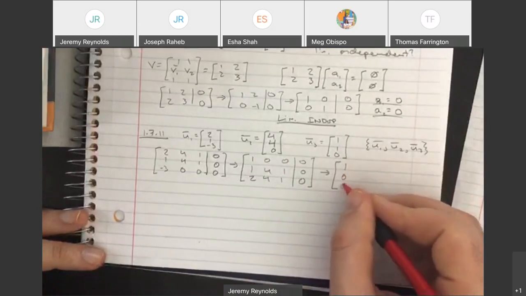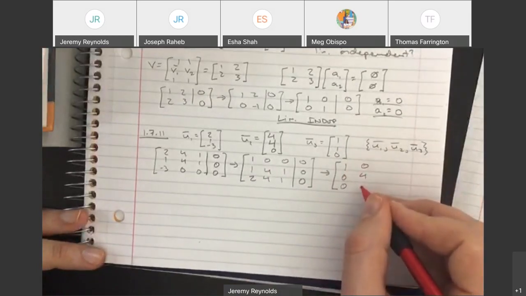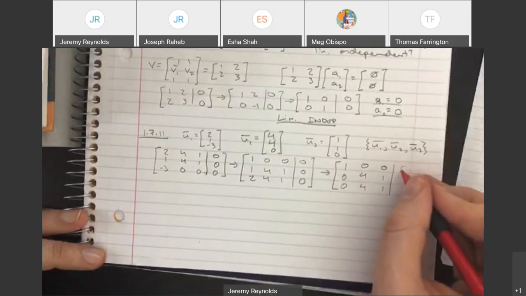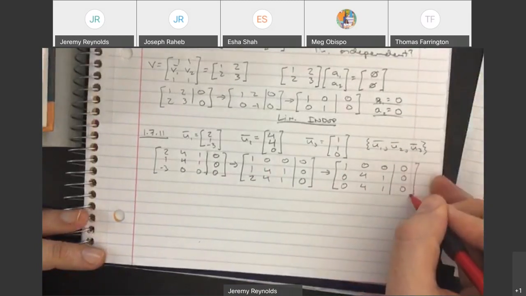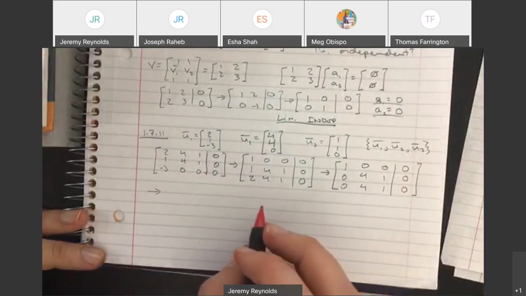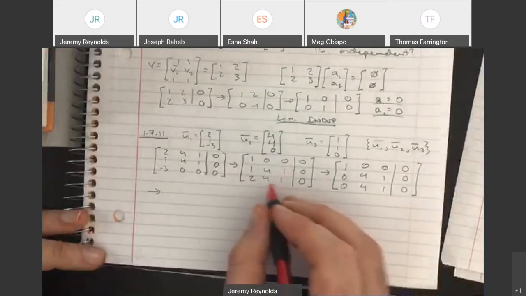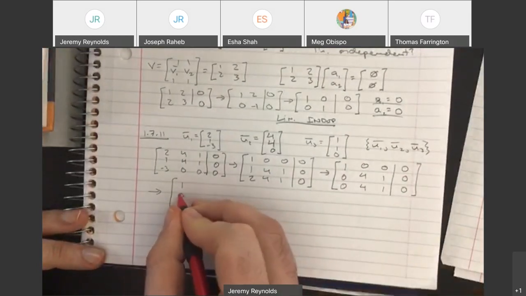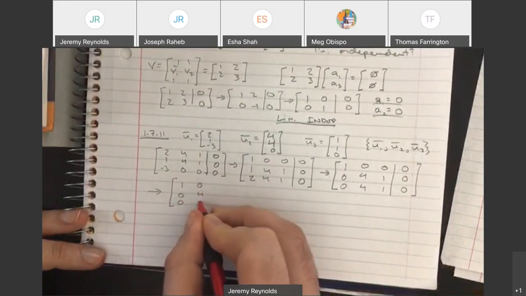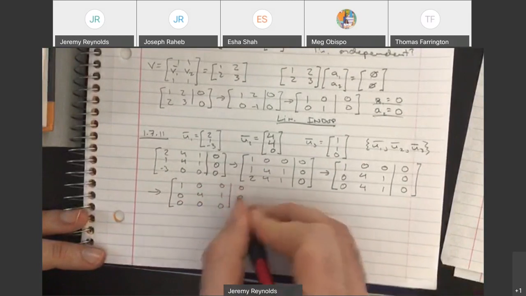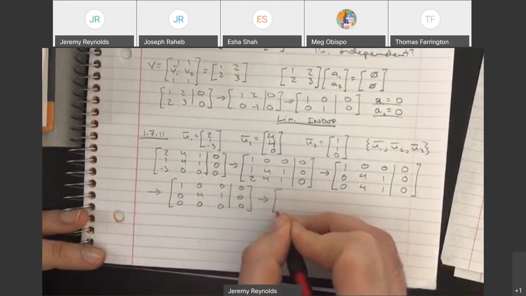Then subtract the second row from the third row, and just get it into reduced echelon form.